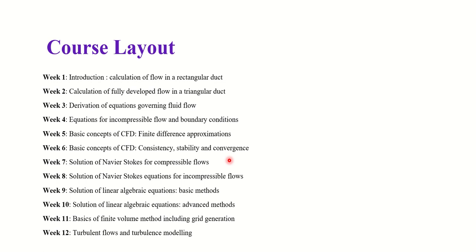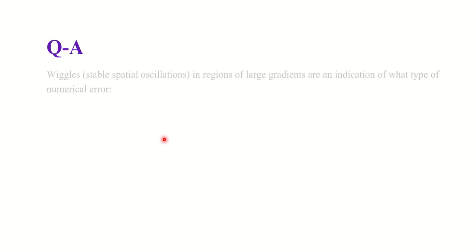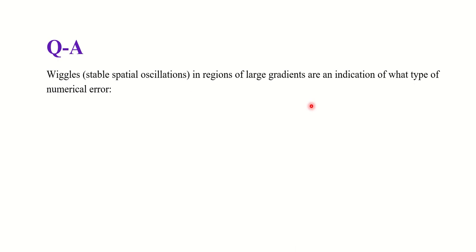Now we'll move on to the problems. For this week, for a change, we are solving practice problems first, followed by the assignment problems. So this is question A. In question A, it is asked that wiggles or stable spatial oscillations in regions of large gradients are an indication of what type of numerical error.